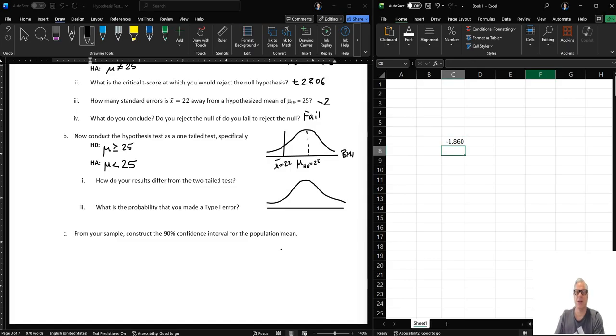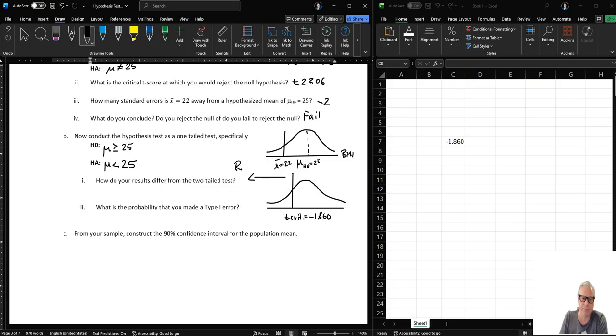Okay, so now we get 1.86, and we know that to the left of negative 1.86, that is our critical t. T critical is negative 1.860. So that is the rejection zone. So we have only one rejection zone, which goes to the left.